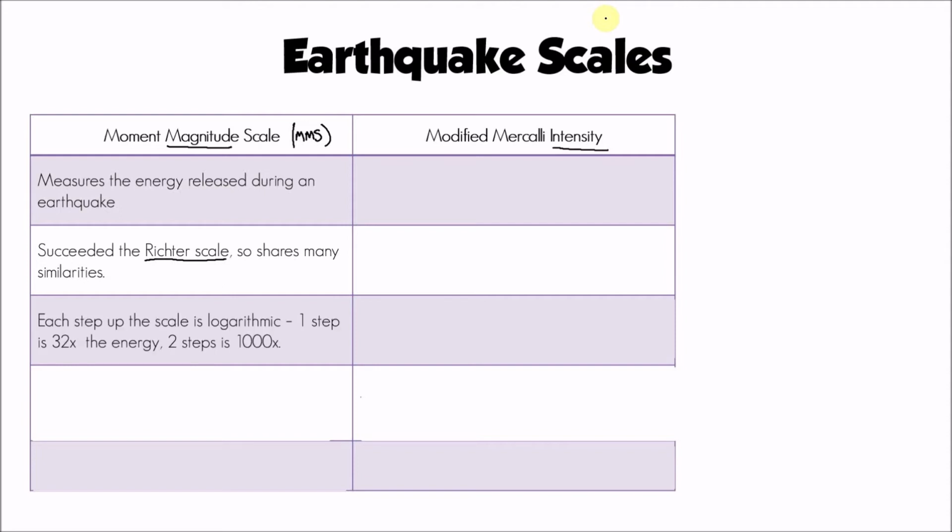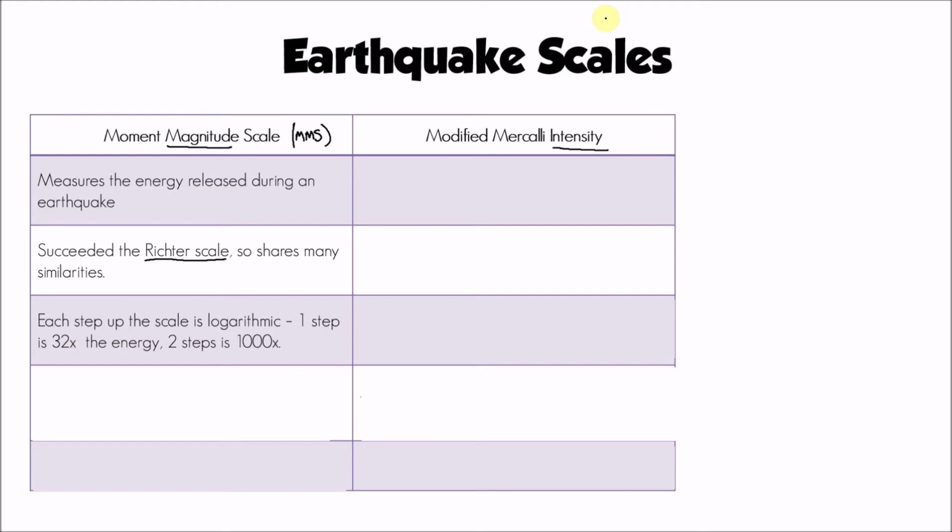The scale, however, shares some similarities with the Richter scale, such as being a logarithmic scale. I'll say a little bit more about that in a moment, but basically, when you go up that scale, you are not going up arithmetically. So the difference between 2 and 4, for example, is not double. 4 on the Richter scale, or the moment magnitude scale as it's now called, is not double a 2.